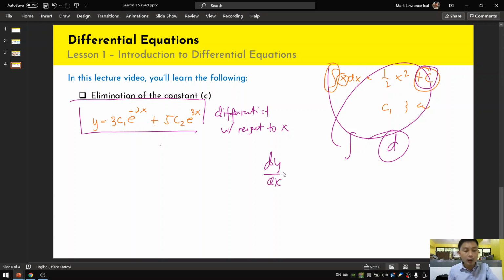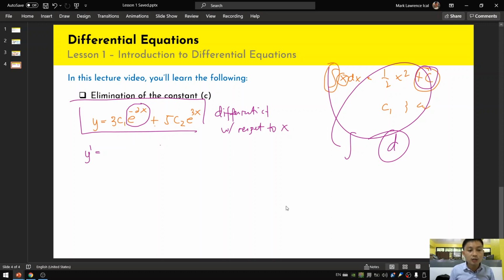So, hope that's clear now. You're not going to really interpret it, but always remember that if you're going to differentiate this one, the result is y prime equals to, again, ang papansinin nyo lang ay itong may x.